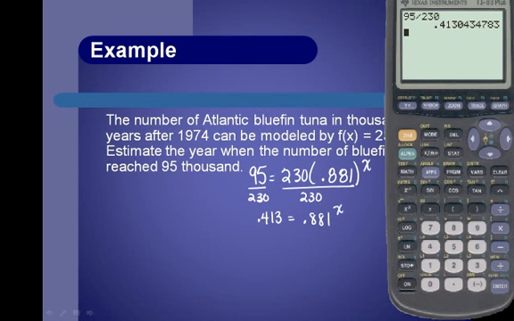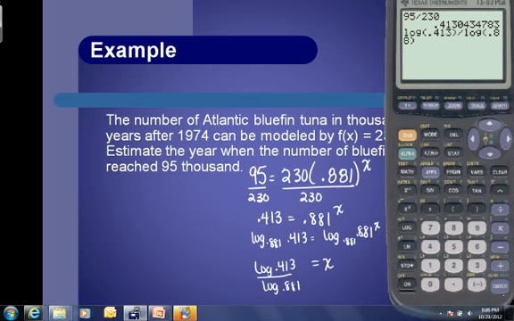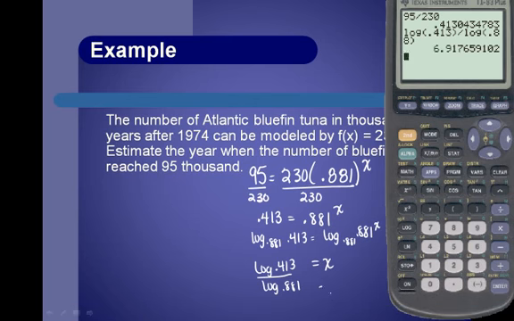Well, if we're looking for the power, that means we're going to do the log base 0.881 of both sides. So that means x is equal to, now our change of base formula says, the log of 0.413 divided by the log of 0.881. And when we do that, we get x is equal to 6.918, or 6.92, let's say 7 years.